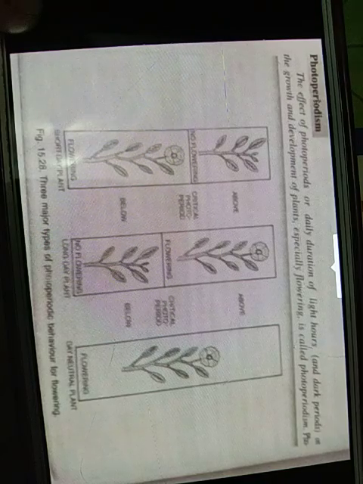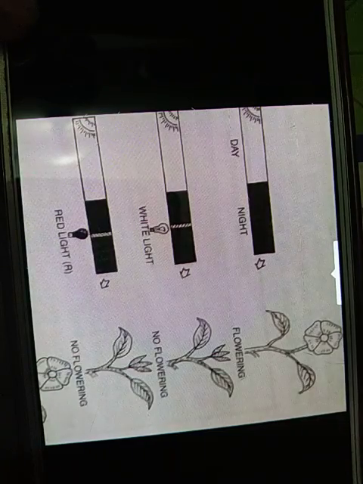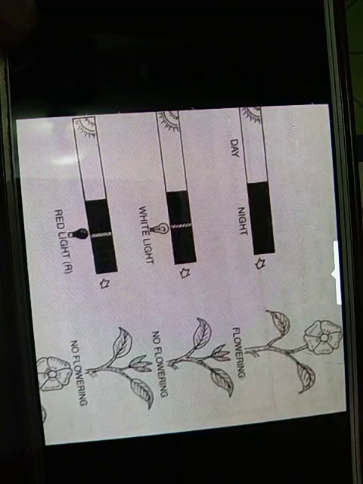For example, Xanthium, that is cocklebur, chrysanthemum, Cosmos bipinnatus, aster, dahlia, rice, sugarcane, strawberry, potato, tobacco, soybean, and its varieties. So you can see in the diagrams.